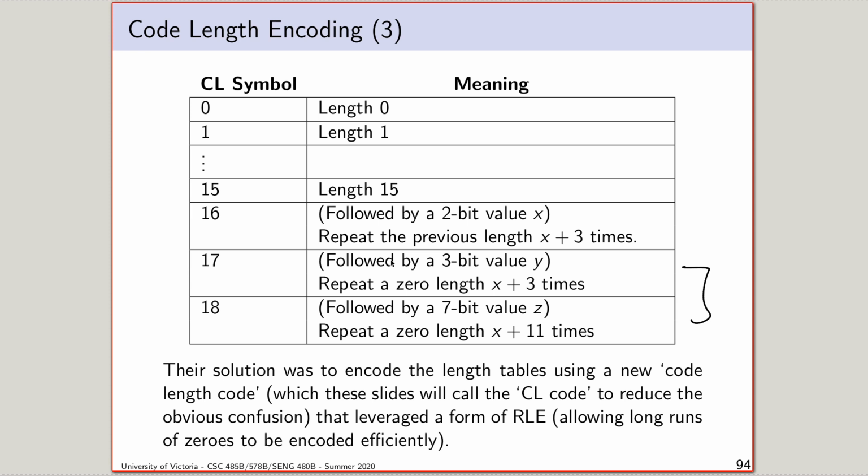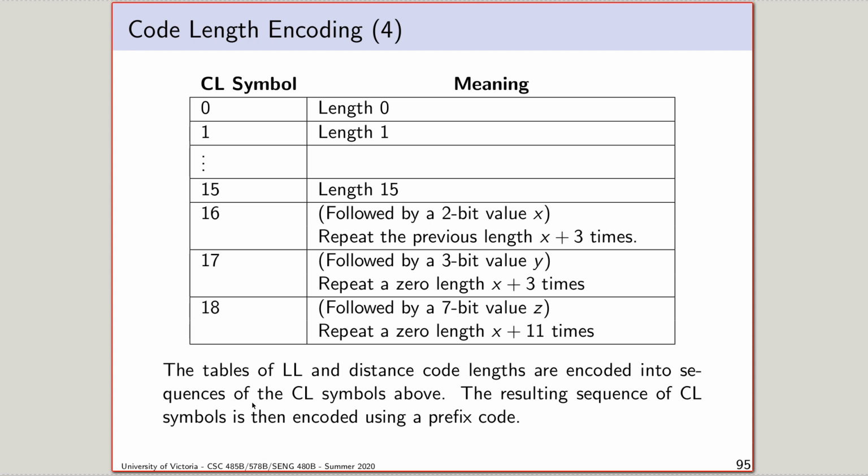With code 18, I give you a 7-bit value, and you repeat the length x plus 11 times. So I can encode even longer runs of zeros with code 18. So remember, this is actually the code length code, because it's being used to encode a length table. I'm going to keep calling it the CL code because we have to do anything we can to keep this together.